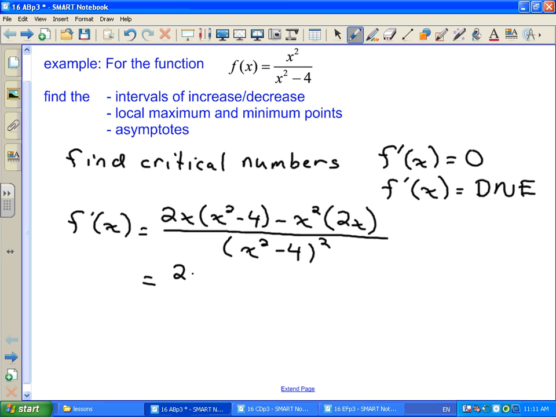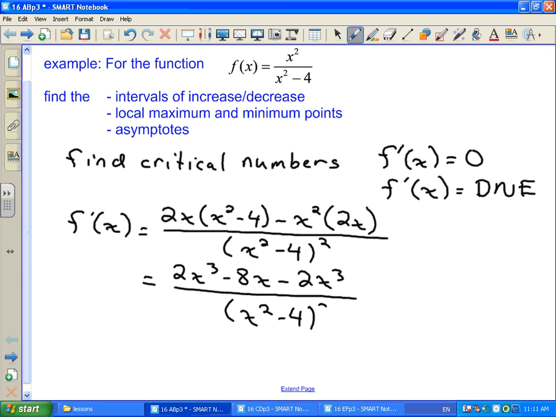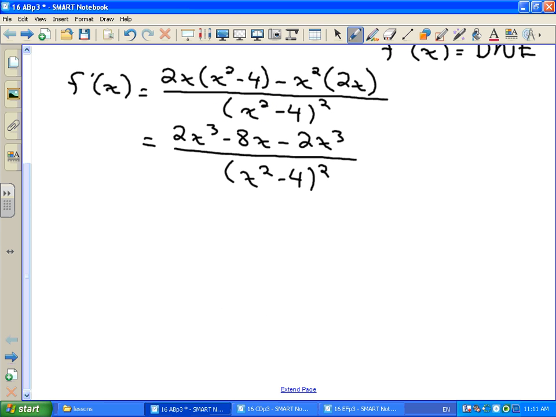Expanding, we get 2x cubed minus 8x minus 2x cubed, and the denominator stays the same. And luckily for us, these terms cancel out, and we're left with a fairly simple numerator and this term down here in the denominator. So there's our first derivative.